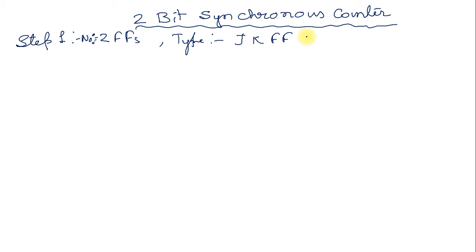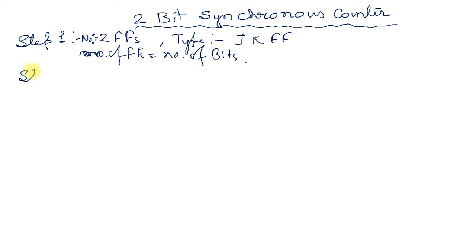So I have chosen 2 JK flip-flops for designing the counter. These 2 flip-flops are chosen because, as we know from the asynchronous counter design, the number of flip-flops equals the number of bits. So here it is 2-bit, so I have chosen 2 flip-flops.